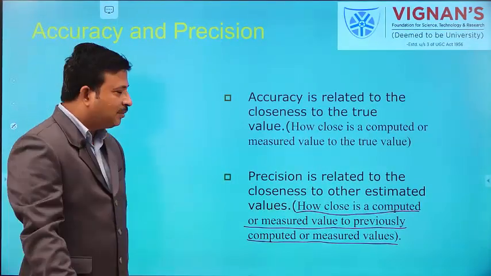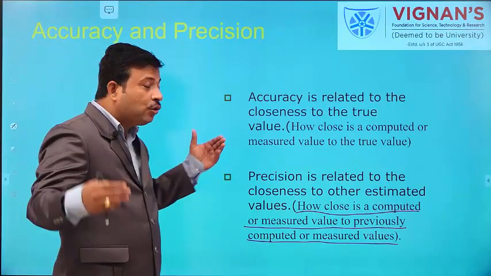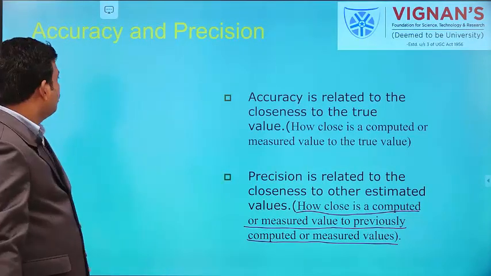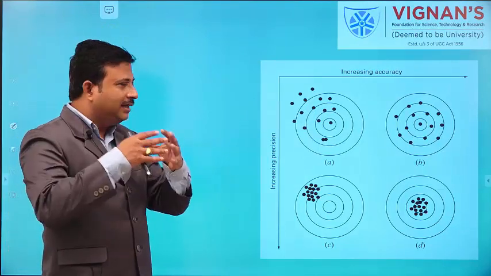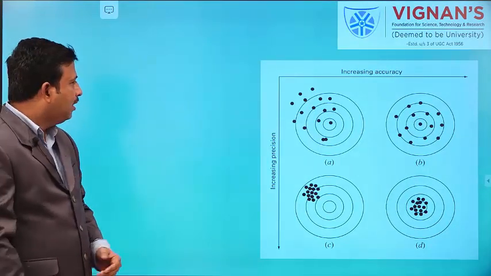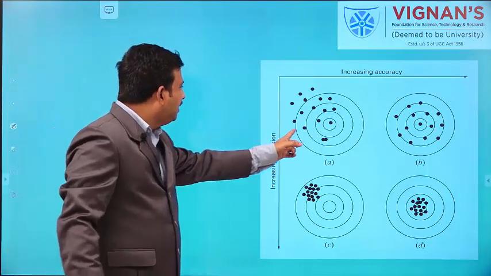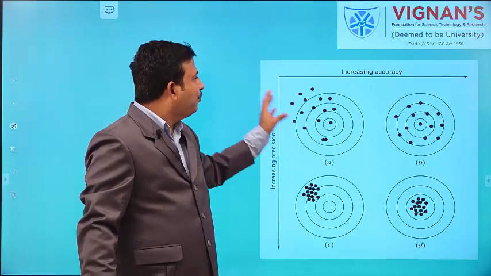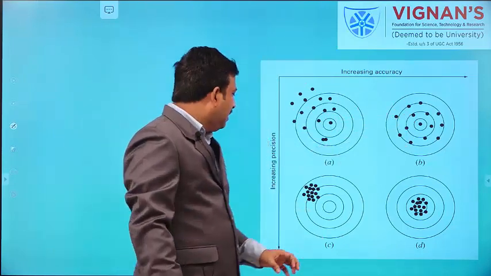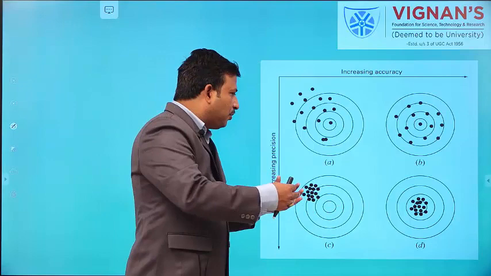Right? So that is nothing but the precision related to the closeness to the exact solution. Now see how to increase accuracy. That is what I have given as an example. If you want to aim at something, in the start it will scatter here and there. The second time you may come a little closer, right? The third time you may get a little closer to that.